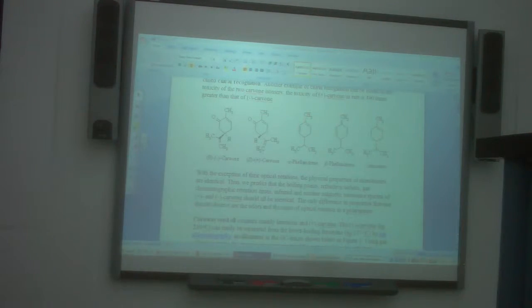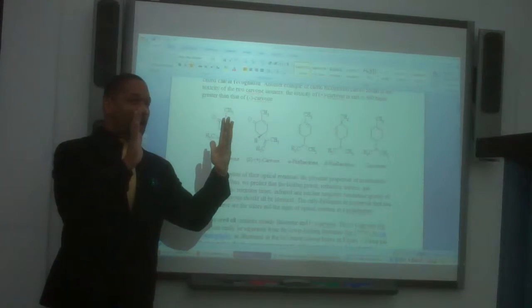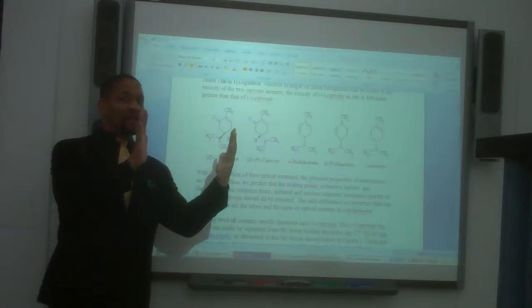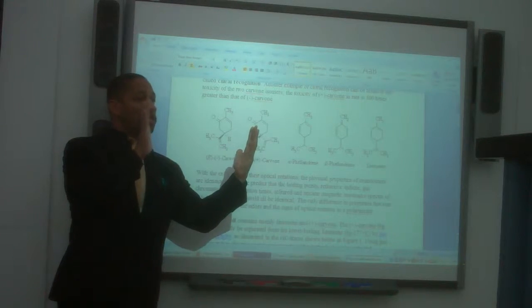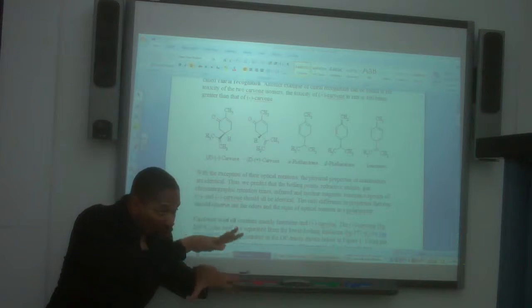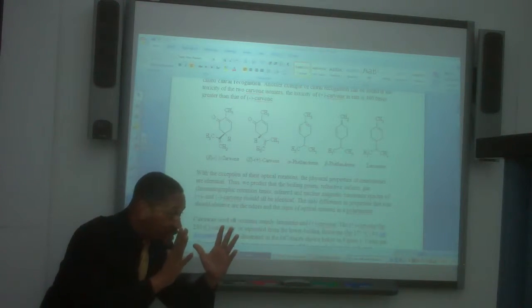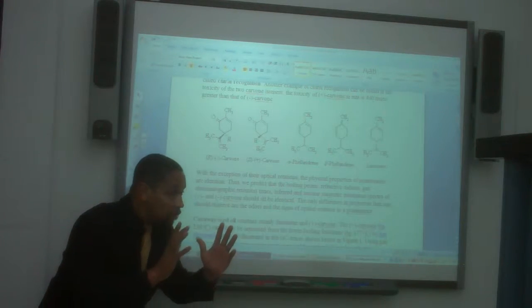And when this happens, much like my left hand and my right hand are mirror images of each other, no matter how I try I cannot superimpose my right hand on my left hand. So we say that they are enantiomers.